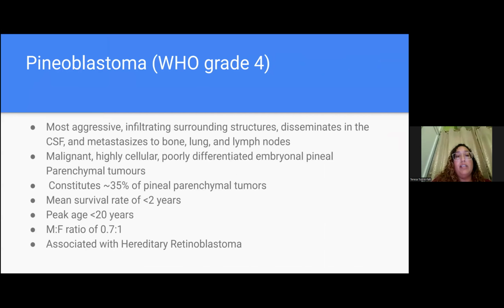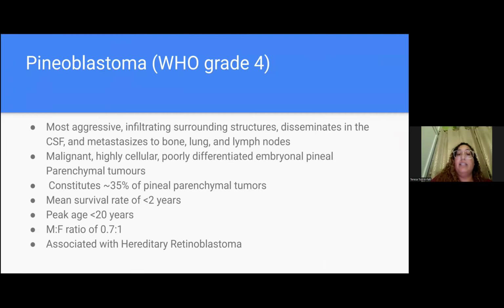The next is the pineoblastoma, which is WHO grade 4. Now, this tumor is the most aggressive and it infiltrates surrounding structures. It also has the tendency to disseminate in the CSF, and it can metastasize to bone, lung, and even lymph nodes.